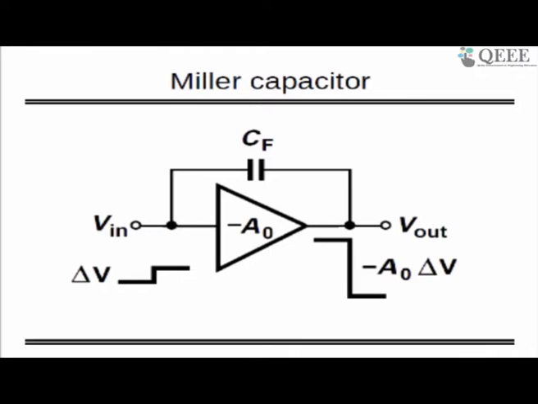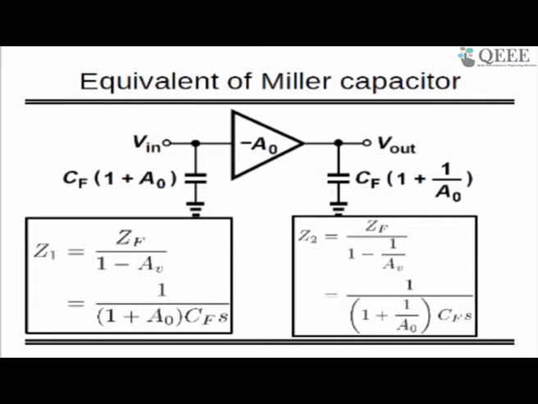And a capacitor is connected in between Vin and Vout, and you want to decompose this CF. What you are going to see, one side it's CF times 1 plus A0. So if you are following this equation, ZF by 1 minus Av, ZF by 1 minus Av inverse, on another side you are going to see CF times 1 plus 1 by A0.